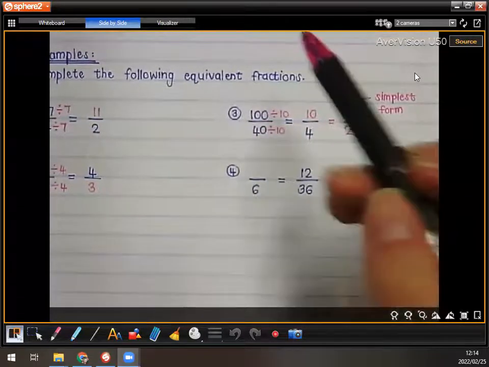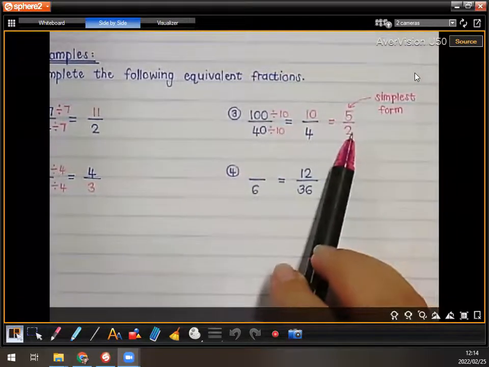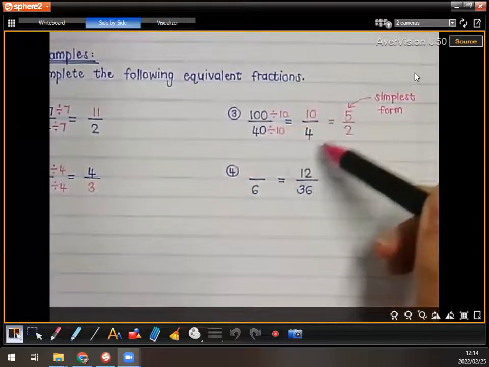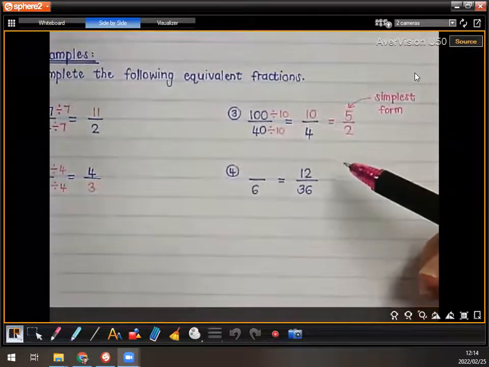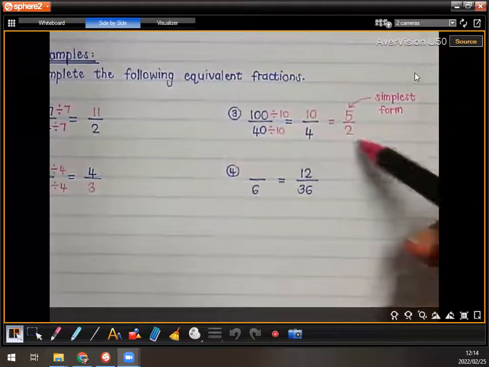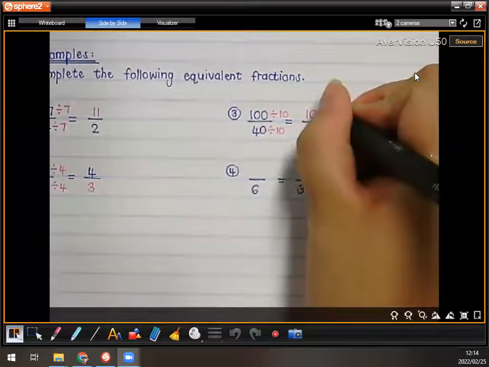Right? So you would divide 100 by 20, that is 5, and 40 divided by 20 is 2. Or if it was 10 over 4, what is the biggest number that divides into 10 and 4? 2, right? So then you would say 10 divided by 2 is 5, and 4 divided by 2 is 2. So let's actually write that on the side there.